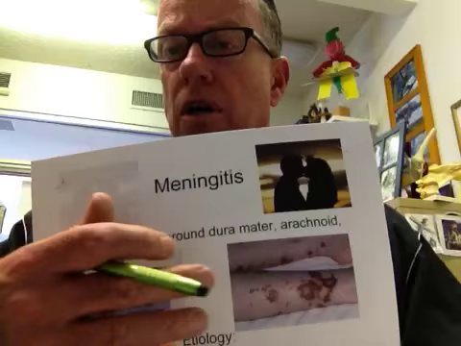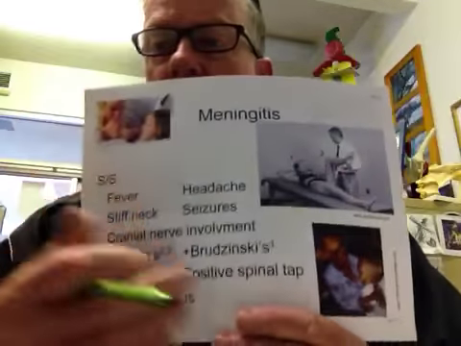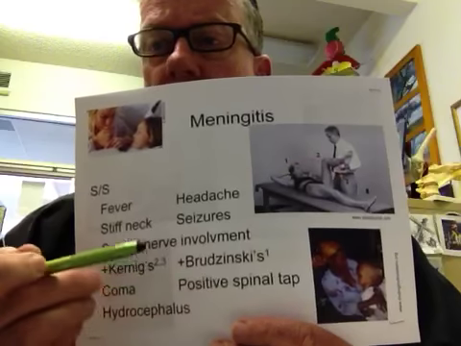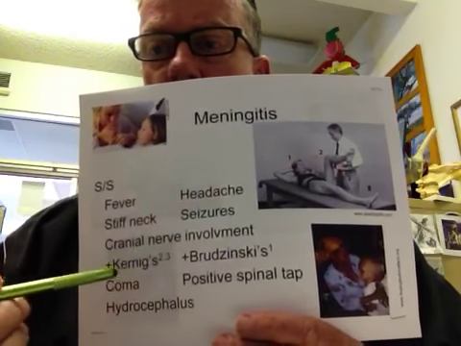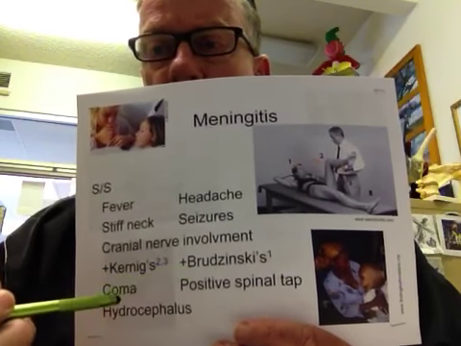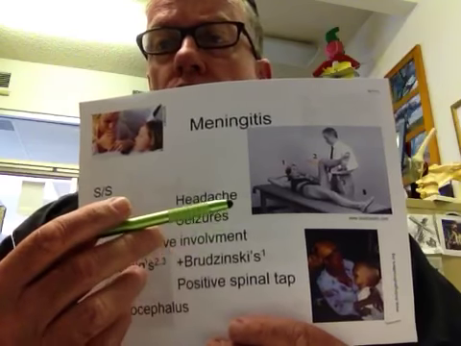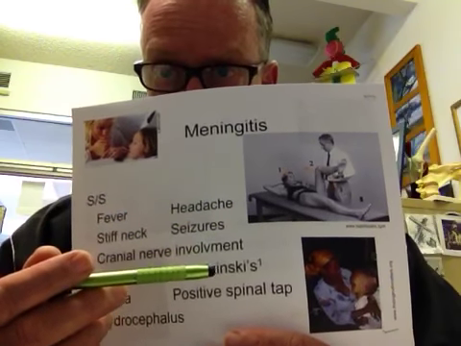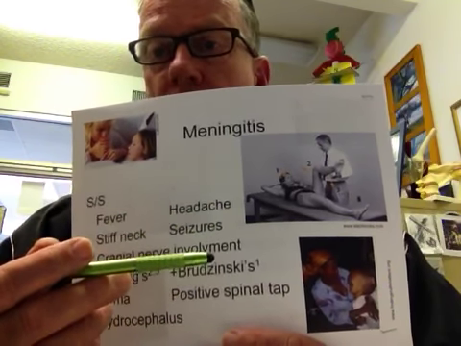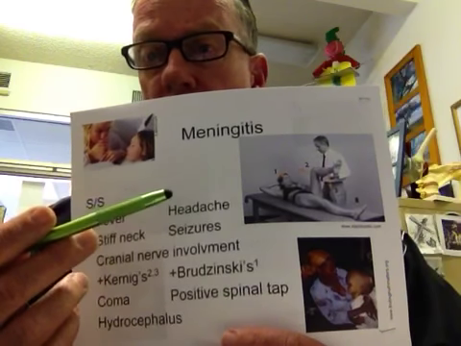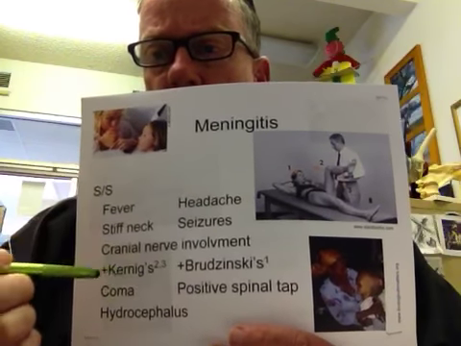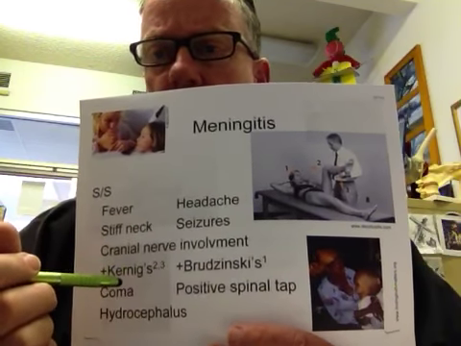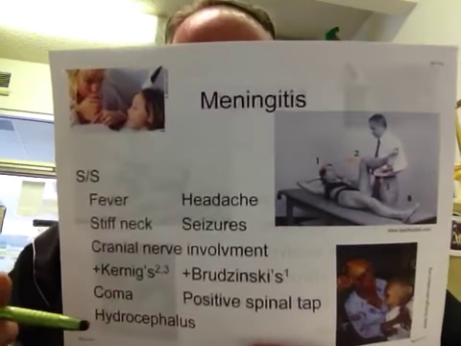So a meningeal infection will tend to have symptoms that include these. Some of the tests that are utilized are Kernig's and Brudzinski's, where we stretch the meninges by flexing the neck and flexing the hip. That stretches the meninges, and if positive, they feel uncomfortable, they have pain with that.